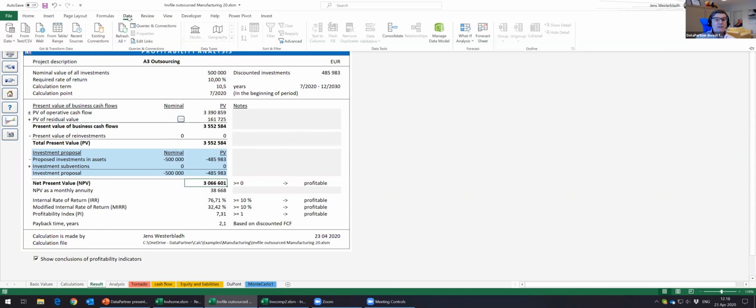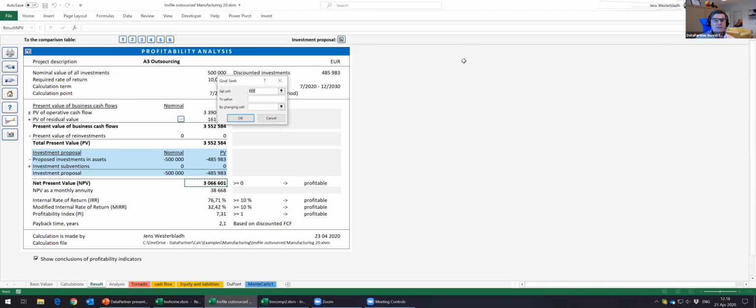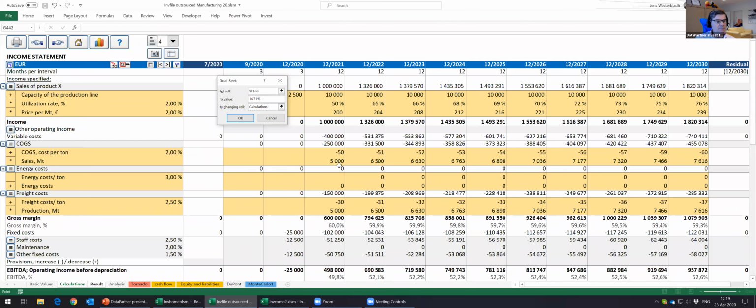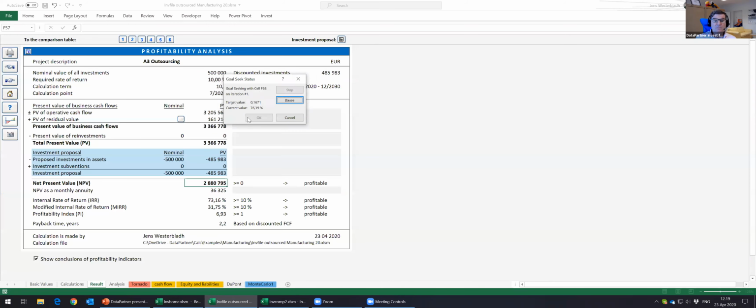I take data, what if analysis, goal seek, set cell IRR to value 16.71% by changing cell price per ton for purchased product. And I press OK. And it searched for me and now it found. Okay, now we have the same IRR.